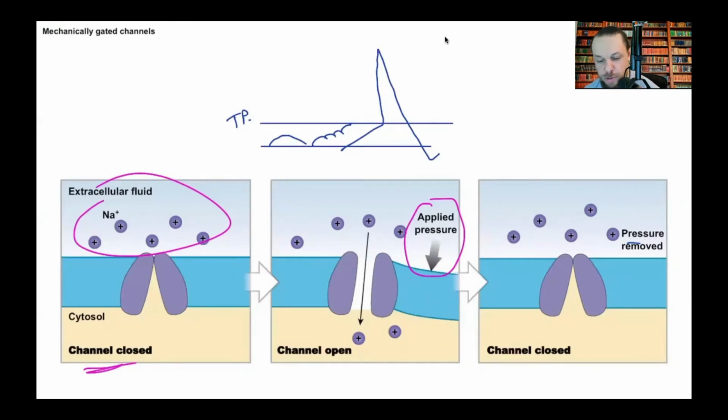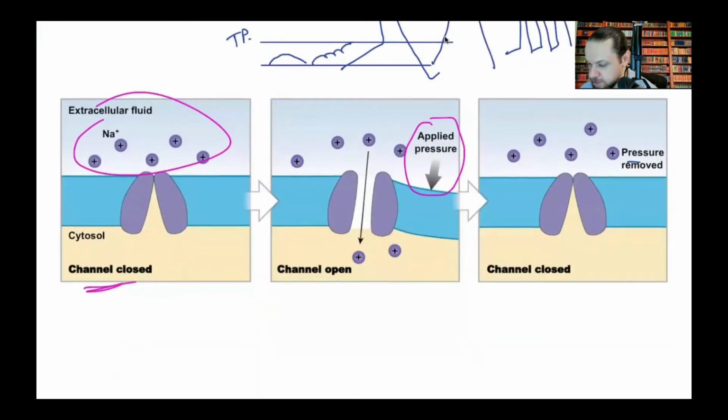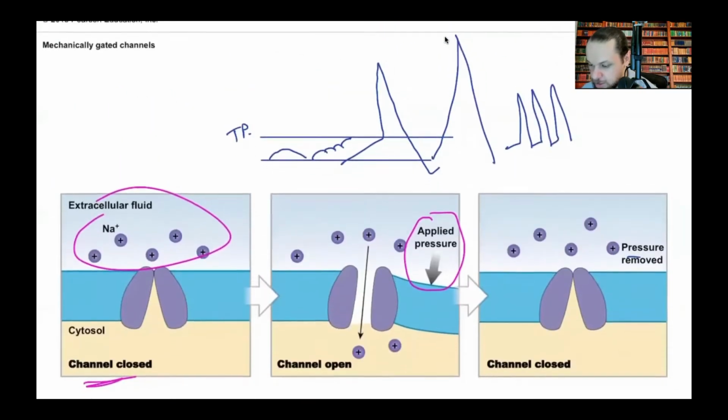Those are also mechanoreceptors, and they operate based on the amount of applied pressure. And as we said, the strongest stimulus does not mean higher amplitude. What it means is your frequency will increase until the impulse is removed and is no longer there. So that's mechanically gated channels.